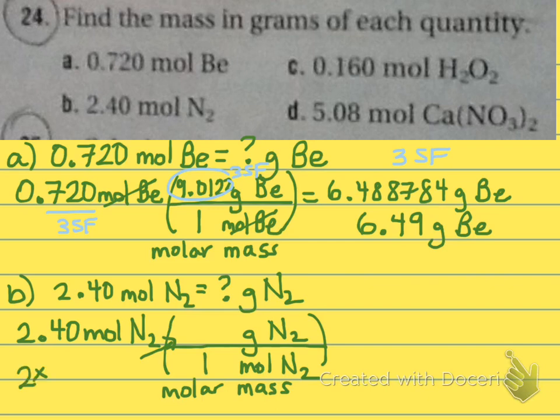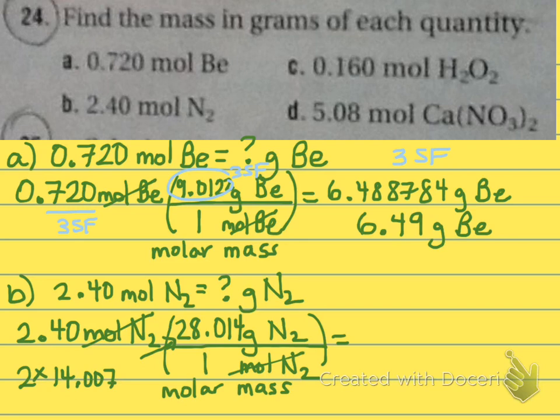And nitrogen's molar mass on my periodic table is 14.007. So that is 28.014. Moles of nitrogen are crossing out. I'm left with grams. So again, I'm multiplying because both those numbers are in the numerator.